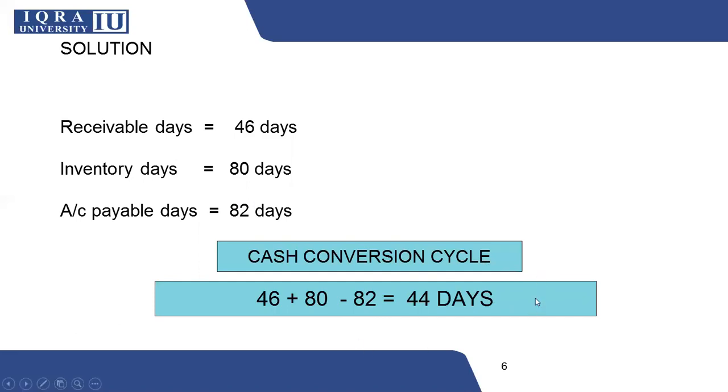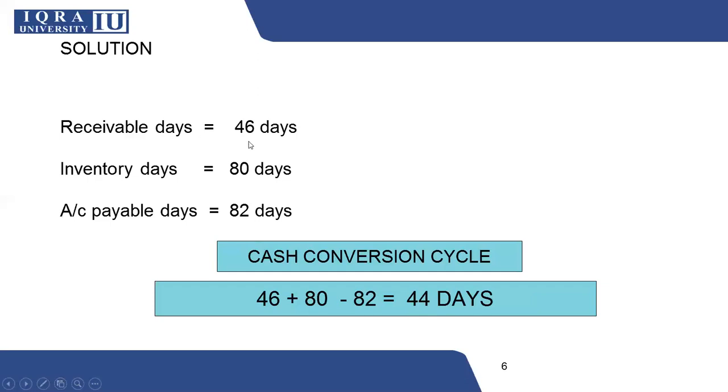Again, reminding you, as we did in previous lectures, the firm will plan whether these 44 days are comfortable, whether they are happy with this recovery time or not. If they have to make any change, they have to work on various segments.